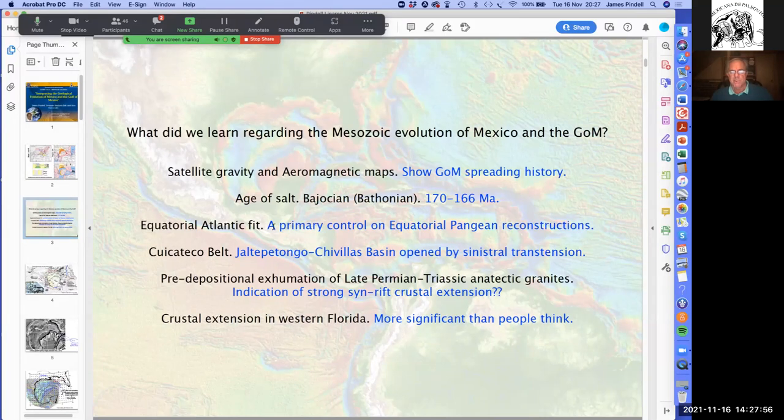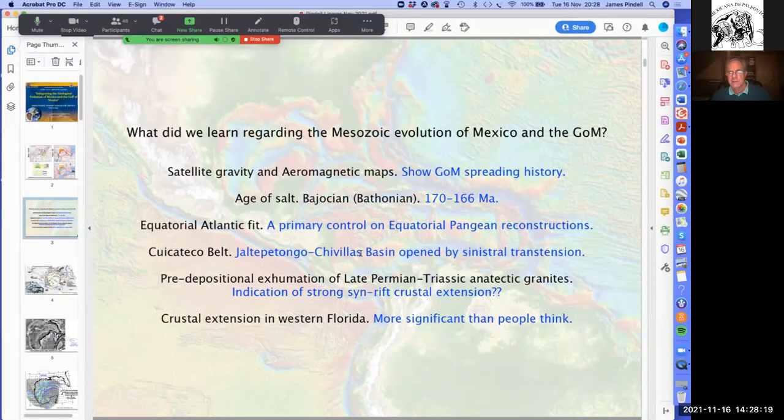We have improved some of the plate kinematic constraints on the separation of North America and South America. I won't talk very much about this, but we have made an important improvement there. We have also done a lot of field work in the Quiqueteco belt. This is the Sierra Juarez down south, and the Jaltepetongo and Chavillas Basin opened up in a certain way, which we will discuss, and that helps us understand the evolution of southern Mexico.